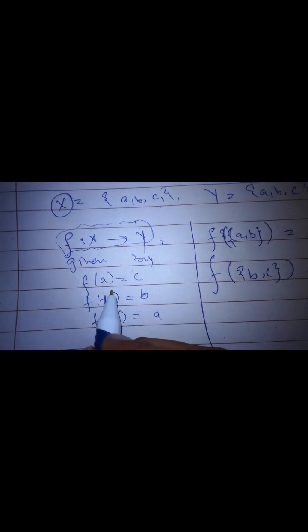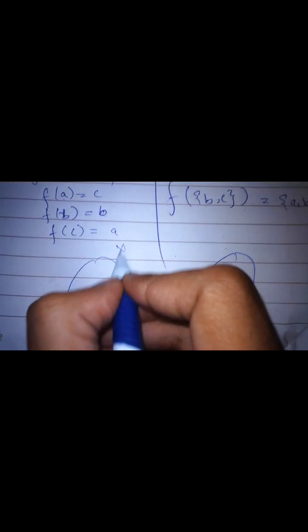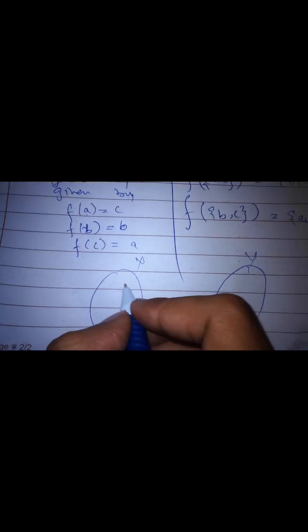F is a map from X to Y given by these conditions. This is set X and this is set Y. If we substitute a in this map, we get c. If we substitute b, we get b. If we substitute c, we get a.